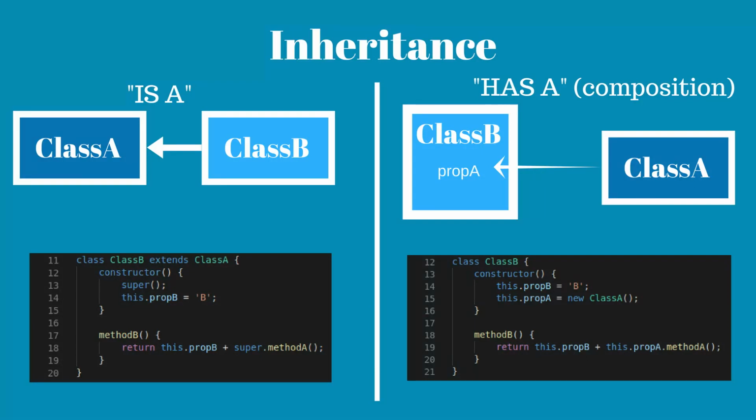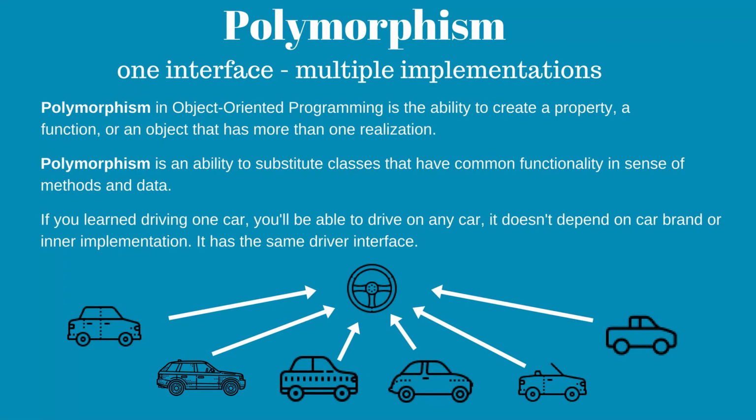Is_a inheritance provides abilities to implement the polymorphism principle. Let's try to describe what polymorphism is in a few definitions. Polymorphism in object-oriented programming is an ability to create a property, function, or an object that has more than one realization.